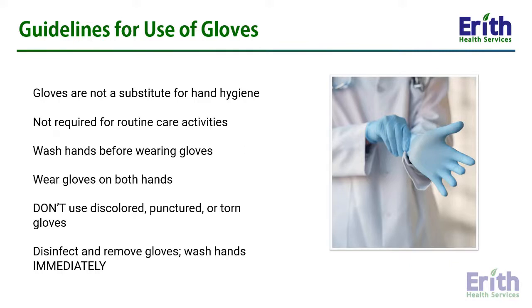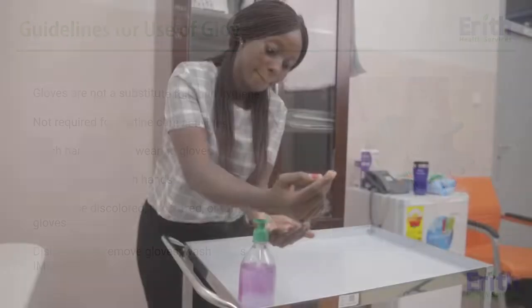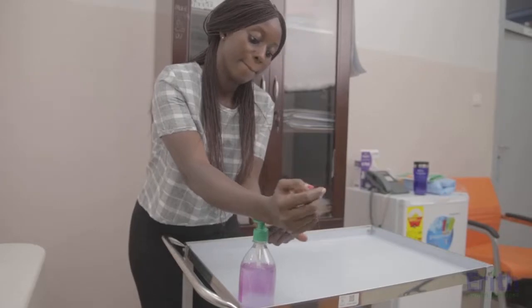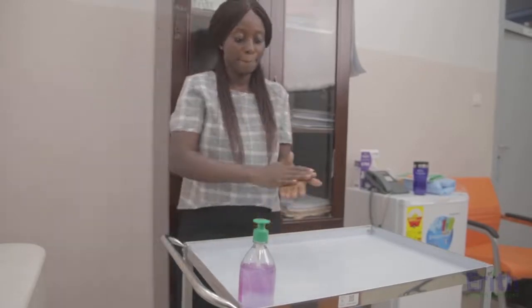Do not use gloves if they are peeling, cracked, or discolored, or if they have punctures, tears, or other forms of deterioration. Disinfect and remove gloves and wash hands immediately.